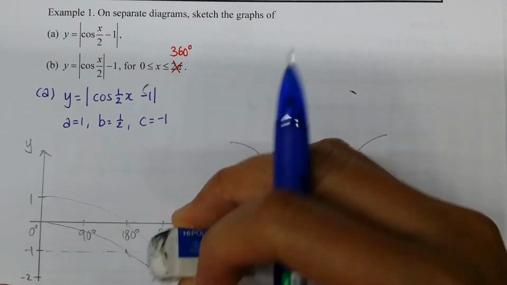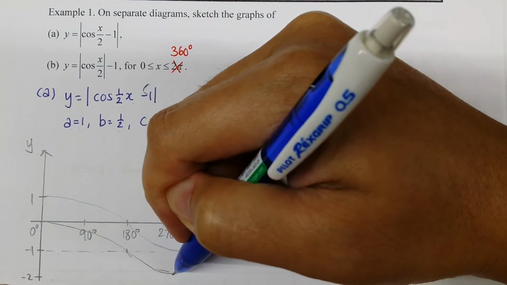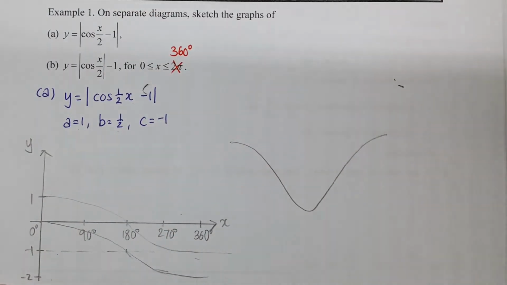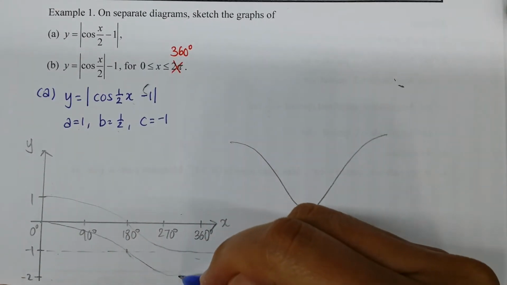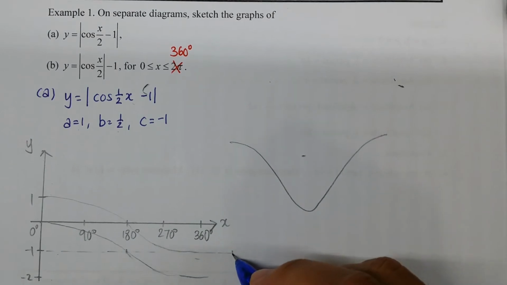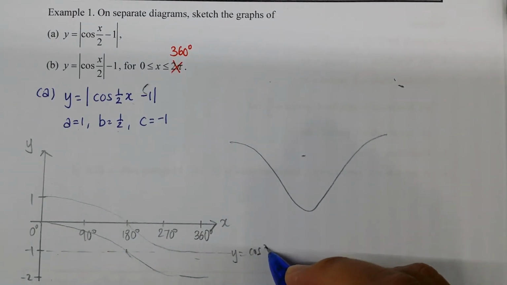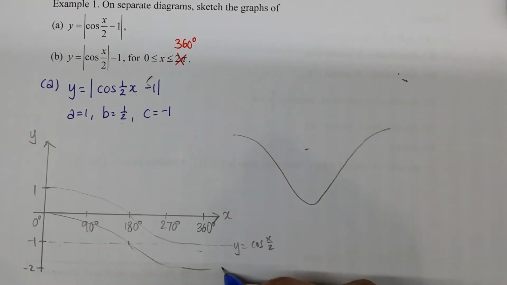Don't make mistakes, just practice. This will not be my final graph, definitely. Roughly like that. This graph over here is cosine x over 2, and this graph over here is y equals cosine x over 2 minus 1.